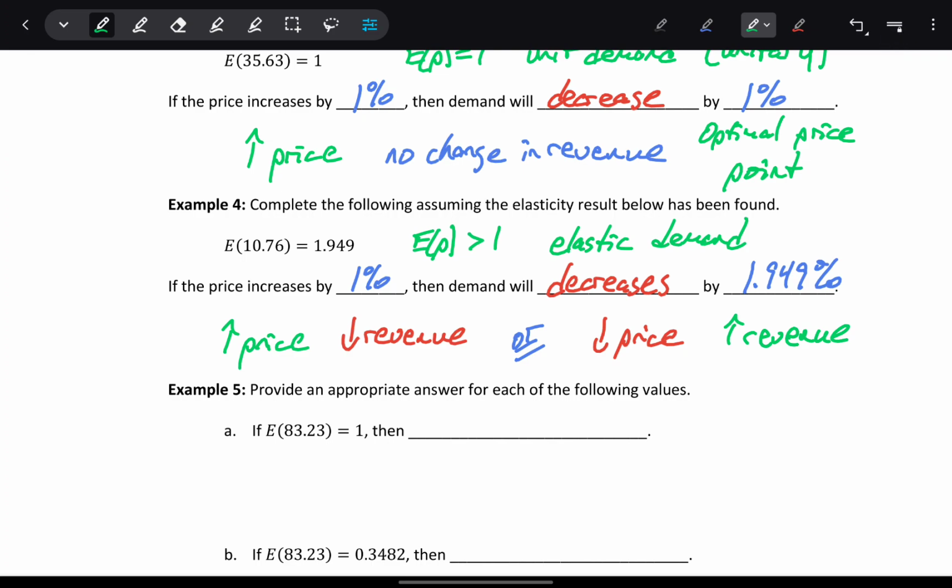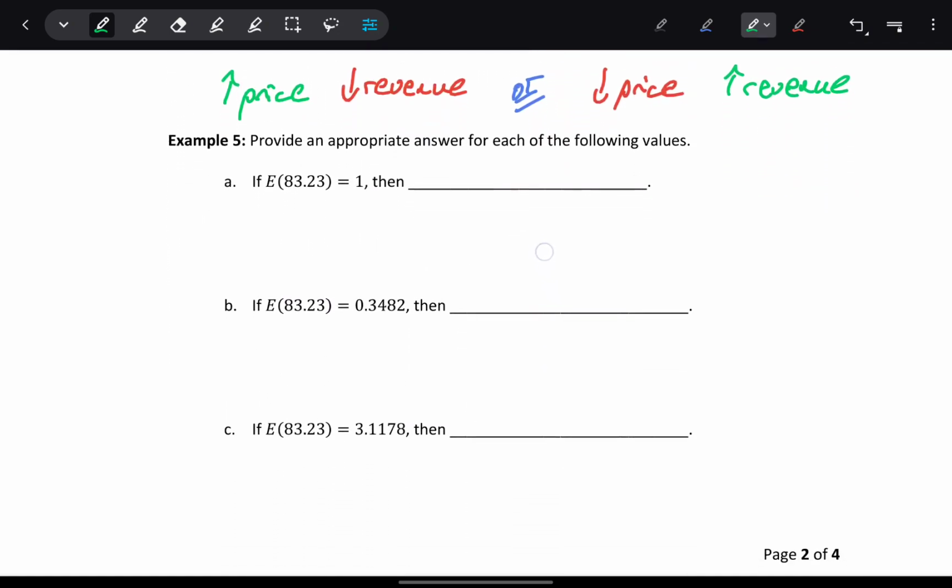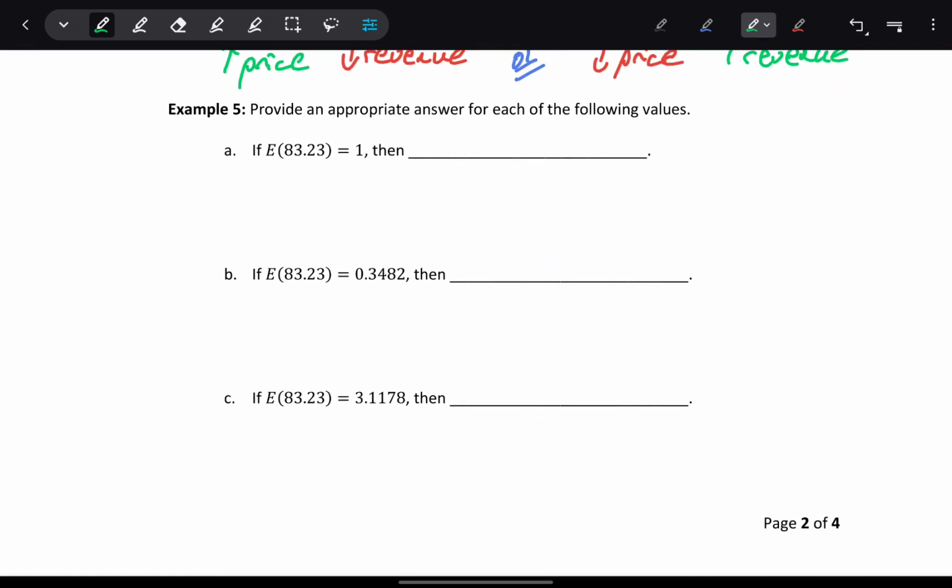Those three examples then outline how we'll interpret each of our different types of elasticity values. And we can see this in example 5. If we have each of the different elasticity values that were calculated, and we find that E of 83.23, meaning we're selling our product at a price of $83.23, if our elasticity is equal to 1, that means that demand is unitary.